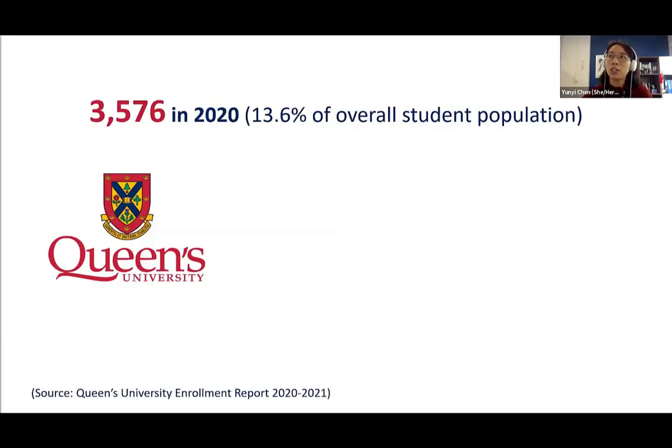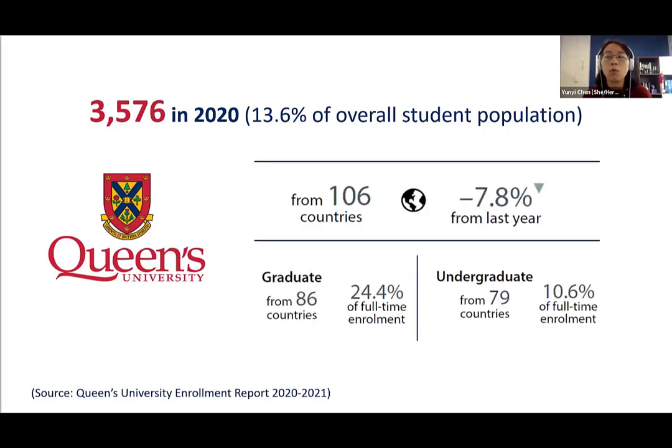And lastly, let's check our Queens. Okay, so we have over 3,500 international students according to our enrollment report 2020 to 2021, which is about 13.6% of the overall student population. And they actually come from over 106 countries and regions around the world.